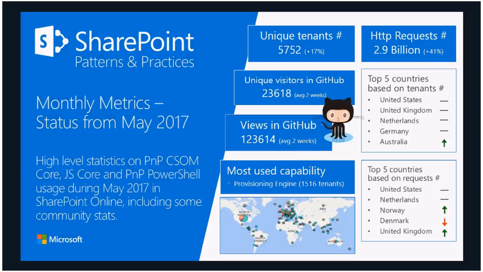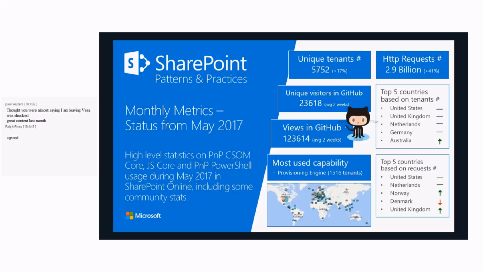In GitHub, we had 23,600 unique visitors, on average, over the last 2 weeks, and then we had 123,000 views in GitHub as well. The most used capability, once again, as always, is the provisioning engine, which was used by 1,516 tenants.